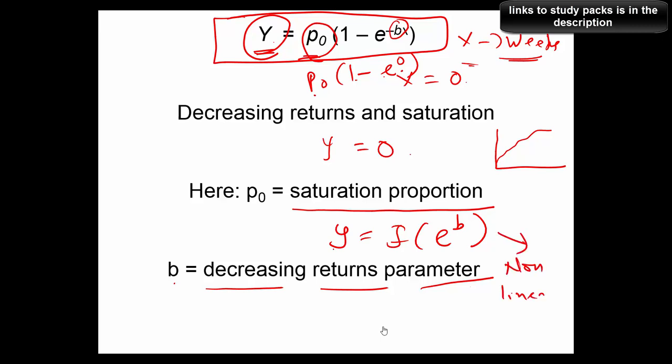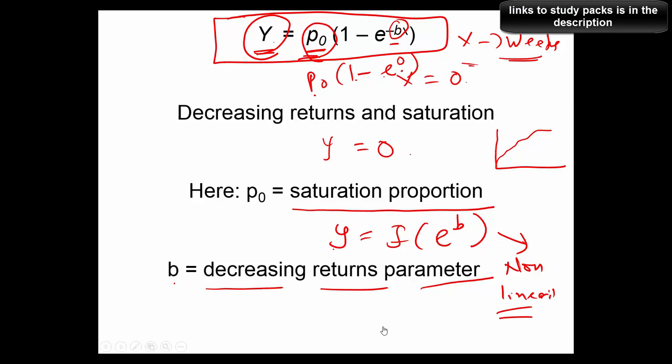Okay, and that's exactly the reason why we call this a nonlinear regression equation. All you need to do is optimize the values of p naught and b, so that the curve will fit the data to the best possible extent.